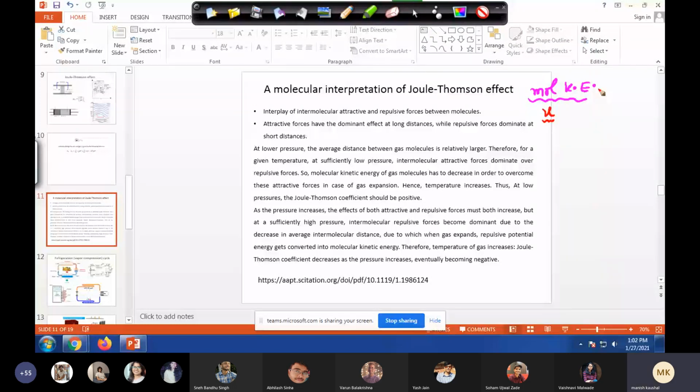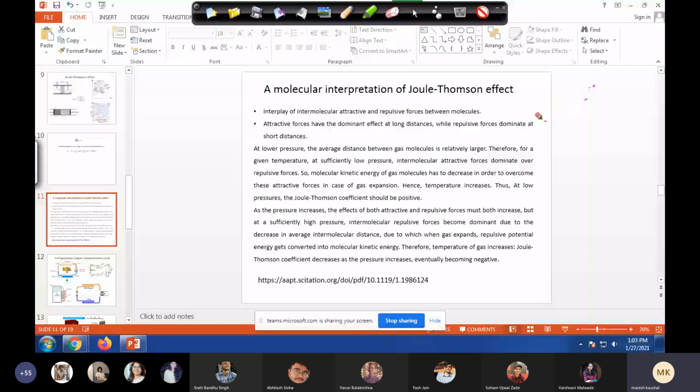Do you think anything else is there in gases? Anyone? So this is molecular kinetic energy, and this is interaction, molecular interaction energy. So if you take any gas, let me write it properly.